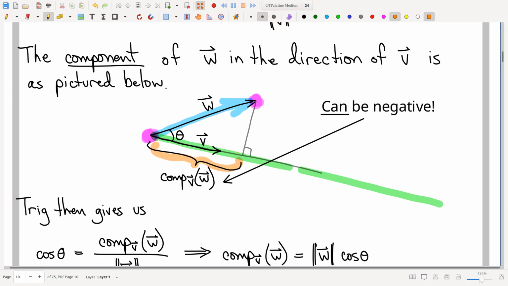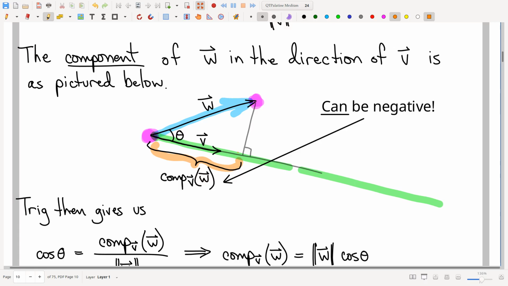So in order to figure out what that is, how far is this? Well, I'm going to need to know what is the vector in question. I'm also going to need to know the direction in question. The direction is usually characterized by some vector pointing in that direction. And then we're going to have to do some geometry and figure out how to compute that formula.